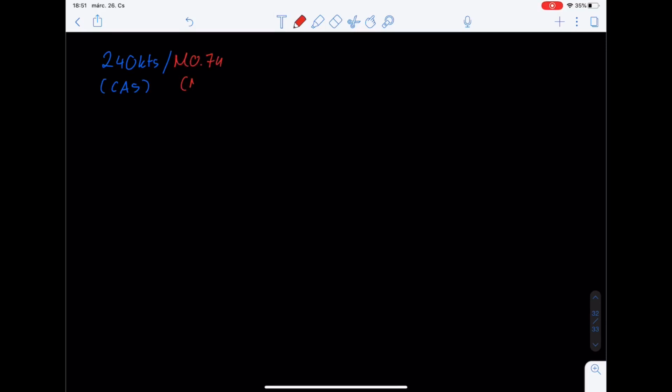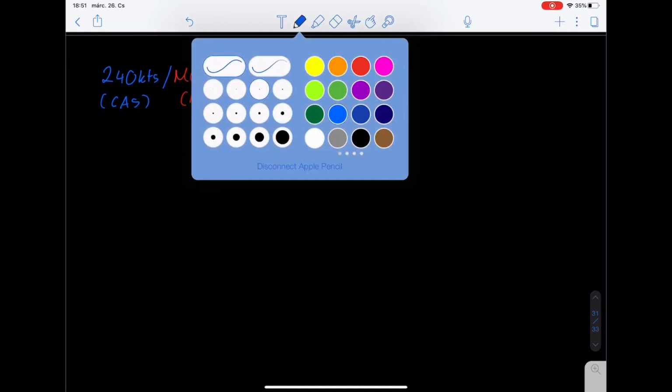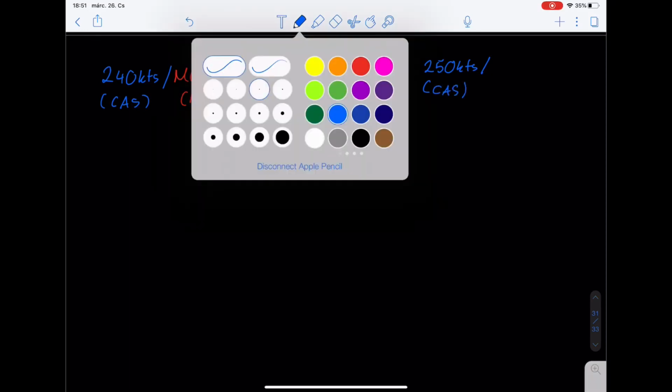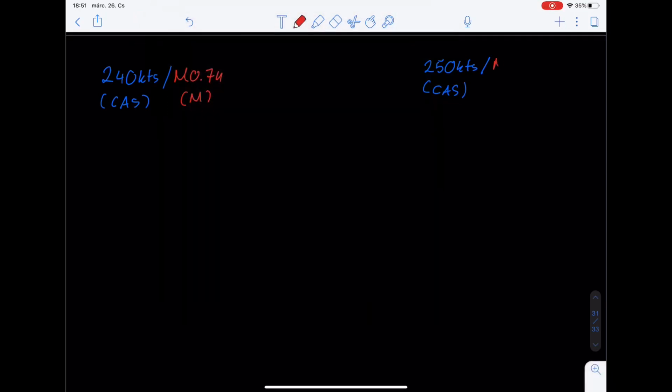The second one is going to be 250 knots, so 10 knots higher, calibrated airspeed, and the Mach number is the same. You can see this example in the Path Pilot book as well. I'm using the same example.